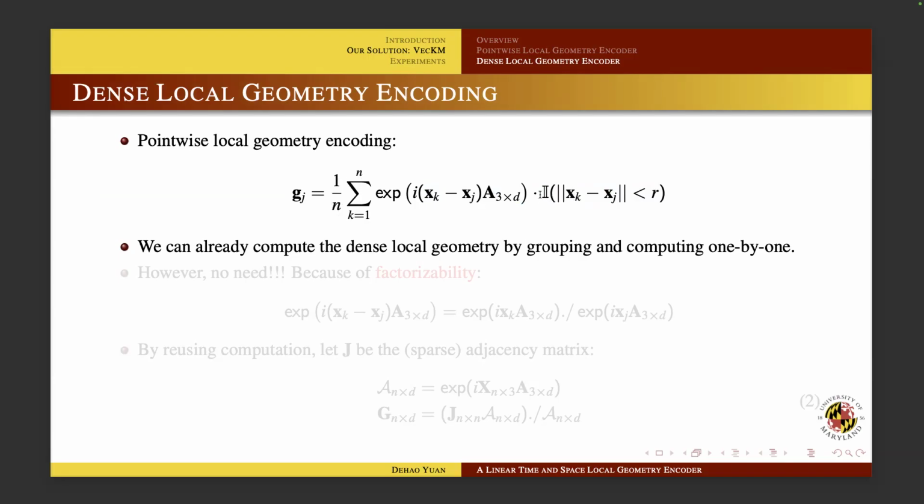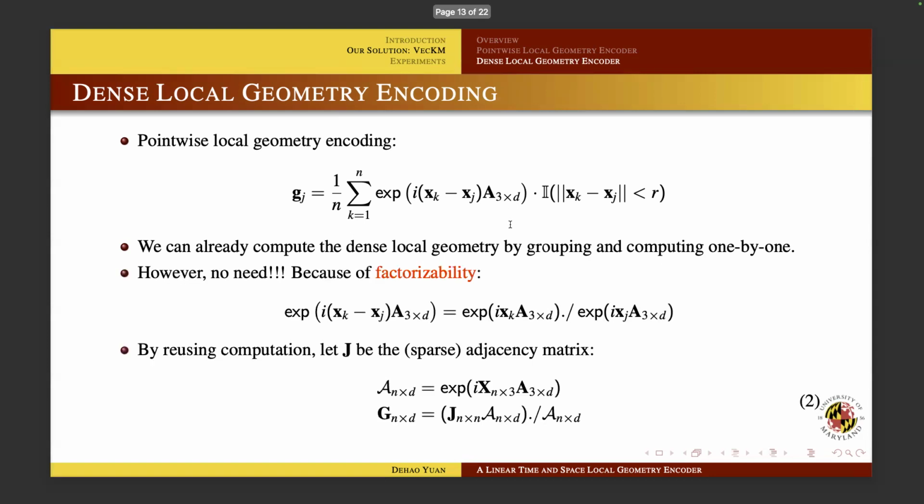If they are neighbors, it is 1; if they are not neighbors, it is 0. So that's just a rewriting of the formula. We can already compute the dense local geometry encoding if we group them and compute them one by one, like the traditional method using this formula. However, we don't need to do that because we have a very wonderful factorizability.